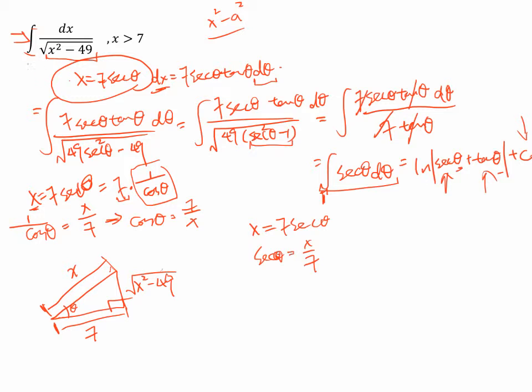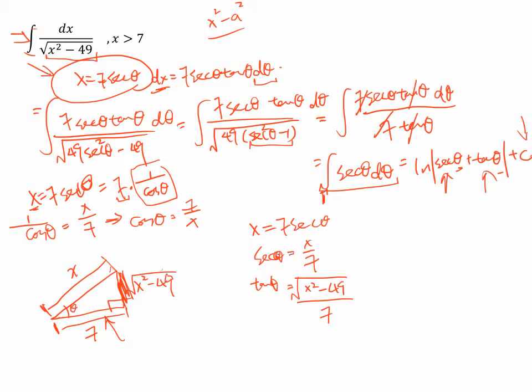Tangent theta is found from my triangle, which is this side over this side, so it is the square root of x squared minus 49 over 7.